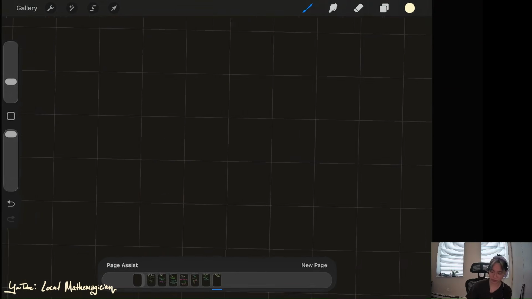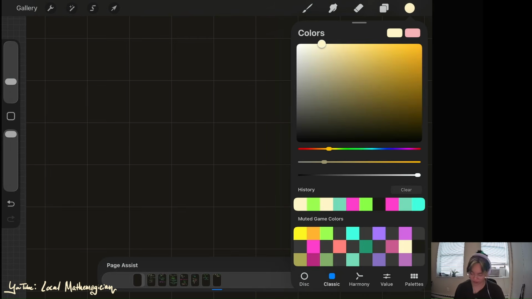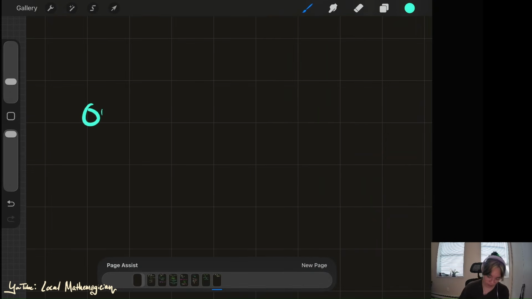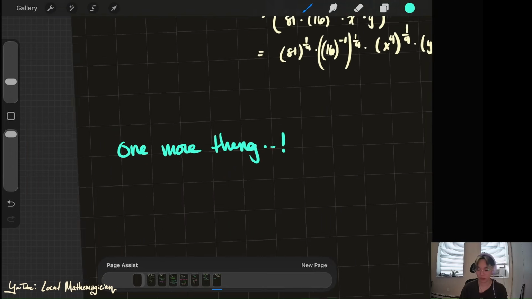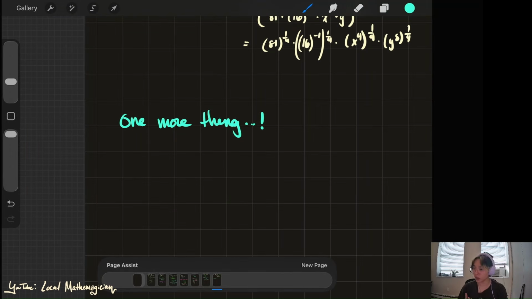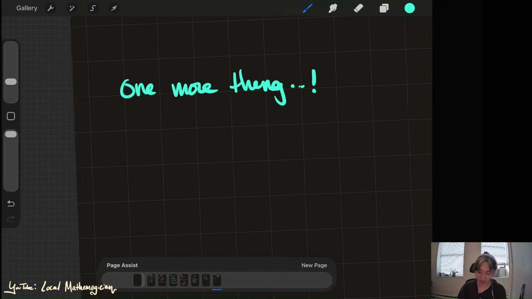Now, one more thing before I set you guys free, okay? If we know what we know about rational exponents, that's what they're called, rational exponents.